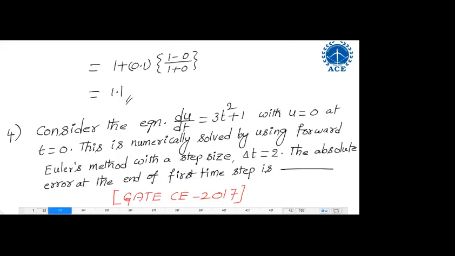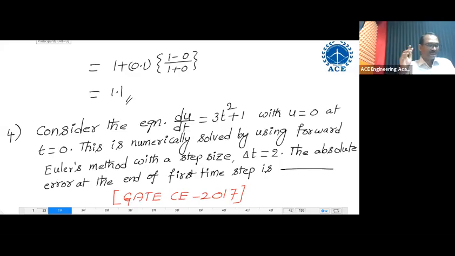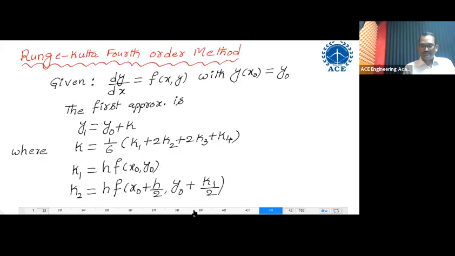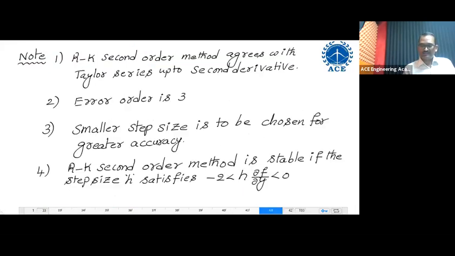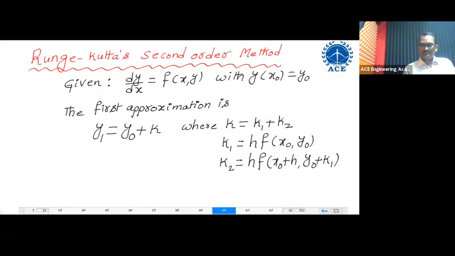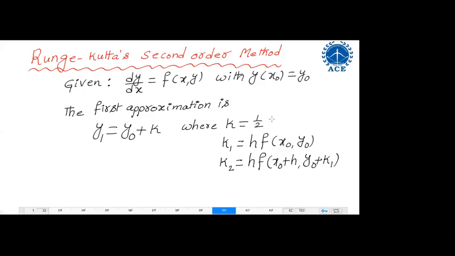Sir, in the Runge-Kutta second order method, what will be the k value? I gave it already. Runge-Kutta second order method: K is equal to half into K1 plus K2. Yes, only that in the numerical you took a half.